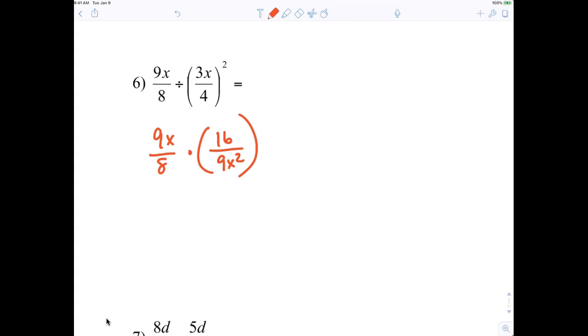And then the 9x cancels. And then it's an x on the bottom. Right. So here we go. We're going to cross this whole thing out, put an x at the bottom. Now what? And the 8 becomes a 1. 16 becomes a 2. So I end up with 2 over x. Yes. All right, that's good.